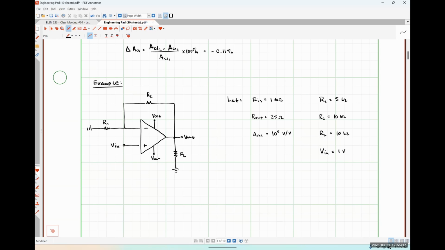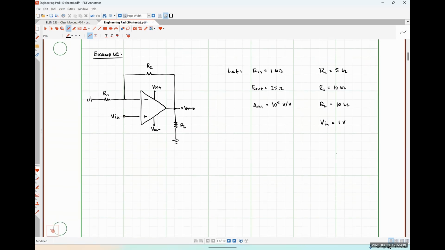Okay. Our ultimate goal with this example is to determine the following quantities. The first thing that I want to know is simply my output voltage. Then I'm going to use that output voltage to determine my closed loop voltage gain, AVCL, which is just going to be the ratio of my output voltage of my system over the input voltage applied to my system.